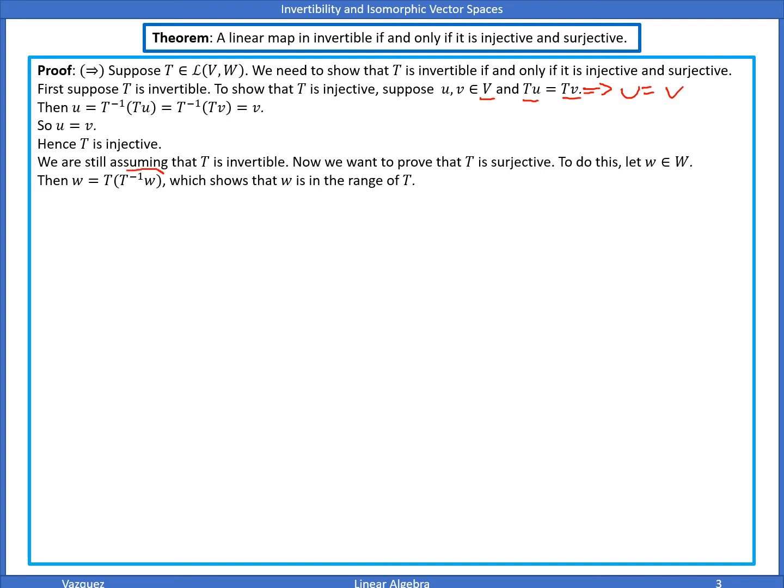Well, because W is the image of T of some element. We don't know specifically what element, but we know it is the image of an element in V. So W is in the range of T. Therefore, the range of T is equal to W.